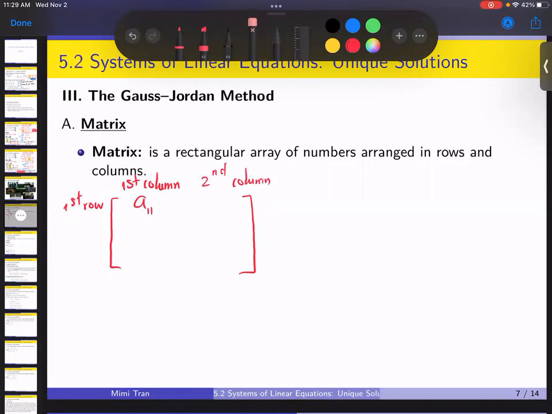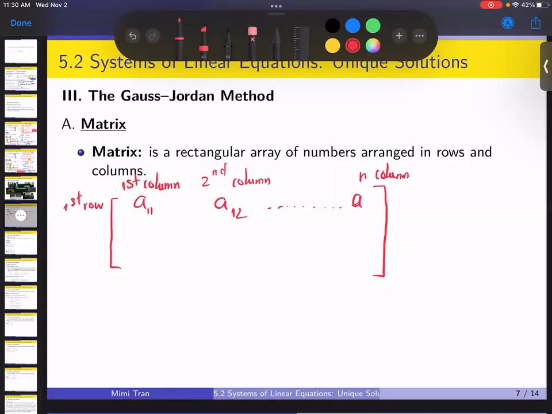then what does this one denote? A sub what? First row, second column, so 1,2. All the way out here, if I have n columns, the nth column, then this one is a sub 1n.